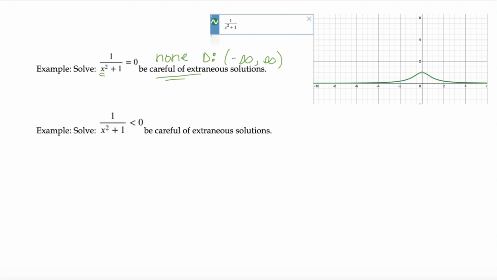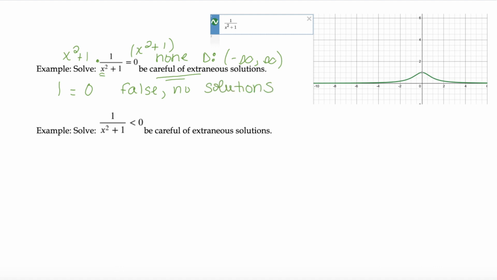So we don't have any extraneous solutions. Let's go ahead and start solving. To solve, I would want to multiply the left and the right hand side by x squared plus 1, providing me with 1 is equal to 0. Well, 1 is equal to 0 is false.